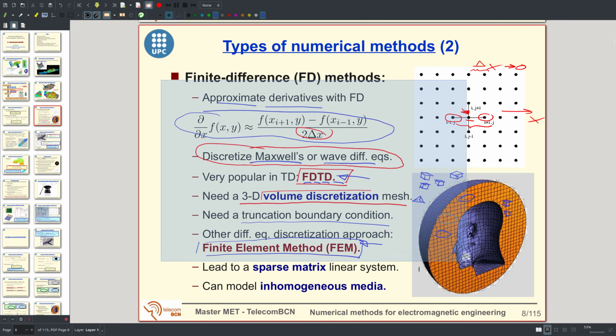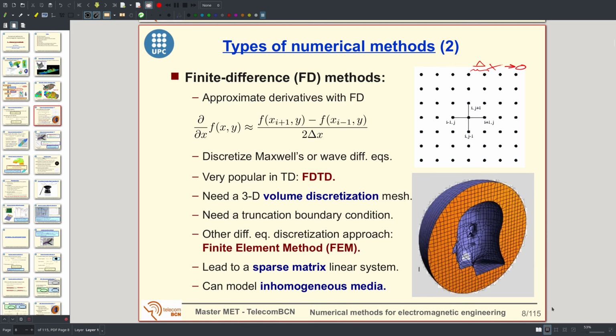Observe here that all these methods relate only samples that are close together. For example, if I discretize the differential equation, the Maxwell's equations or wave equation, into finite differences, at last I get a linear system of equations, and this linear system relates samples of the unknown function.